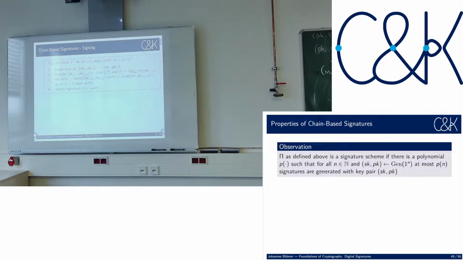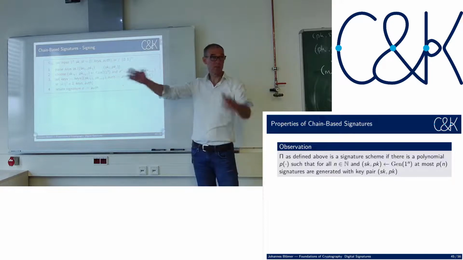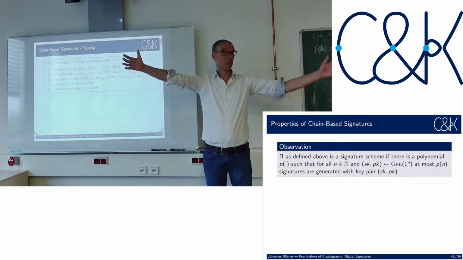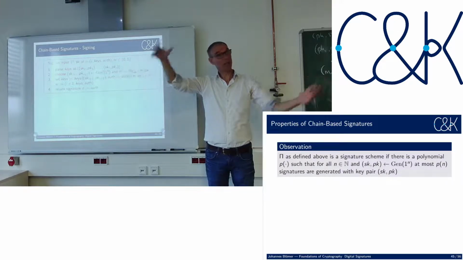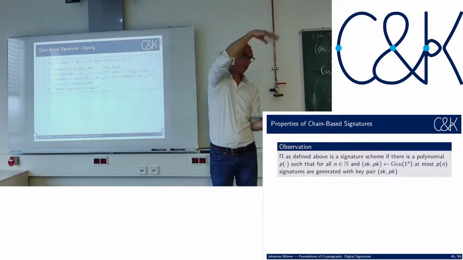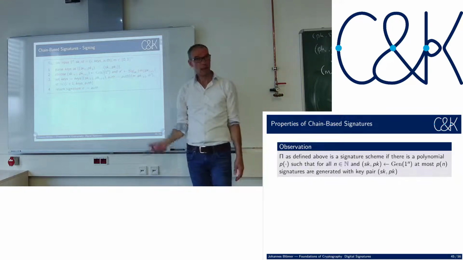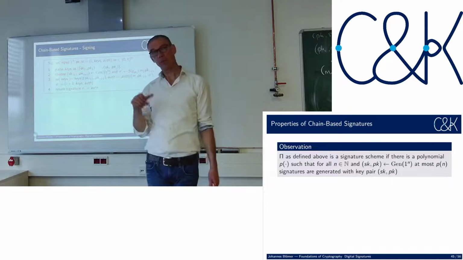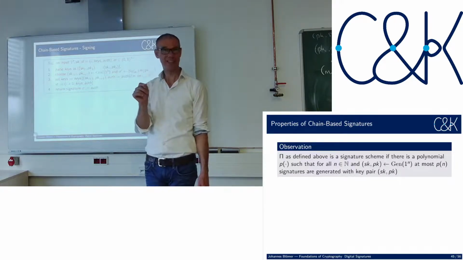All our algorithms must be PPT. If you want to sign more than polynomially many messages, the signatures will become super-polynomially large. Verification will have to check all previous signatures, more than polynomially many, and you can't do that. But unlike the previous construction, you need not know this polynomial in advance.